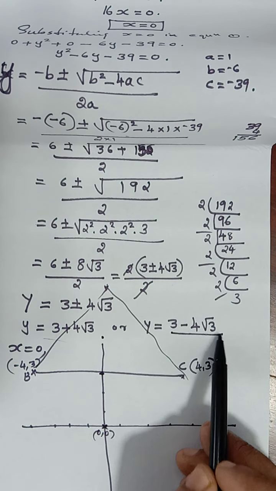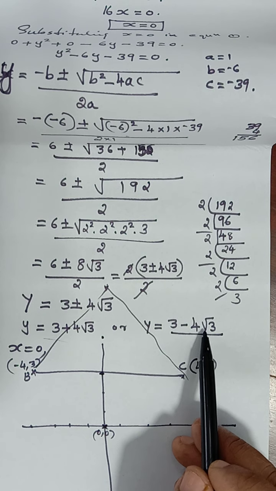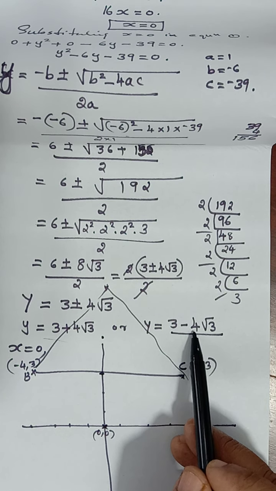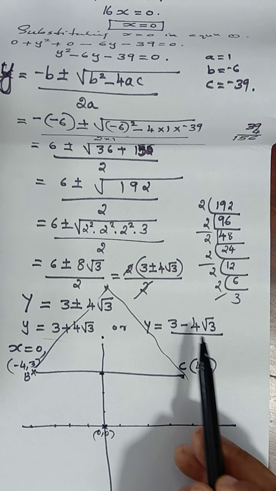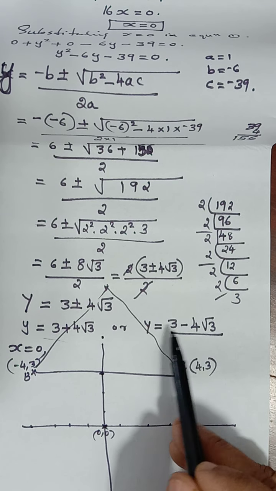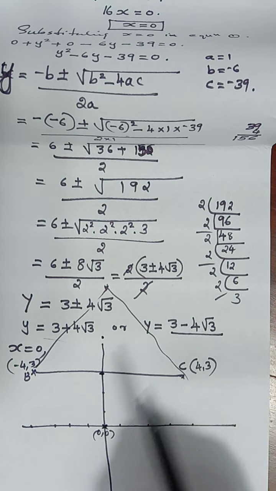Therefore, the next point is 3 minus 4 root 3. Root 3 value is 1.73, we know. When you multiply it with 4, you get some number. So 3 minus that is a negative number.